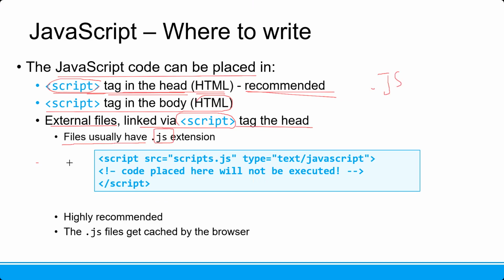So for example, like this one, I have the script, and I would like to check the source. Where is the JavaScript file? And the type will be text slash JavaScript. It means this is a scripting, and it is in the form of JavaScript.